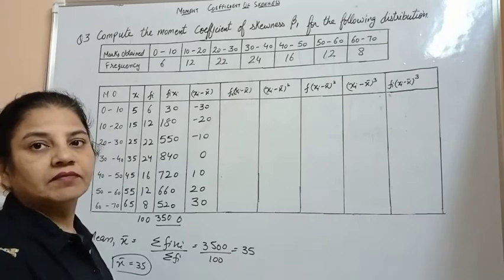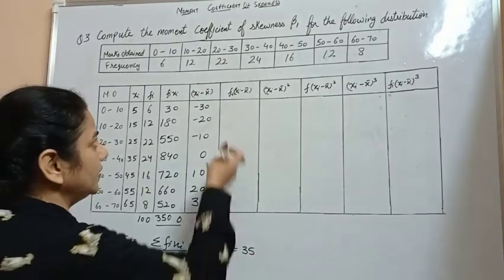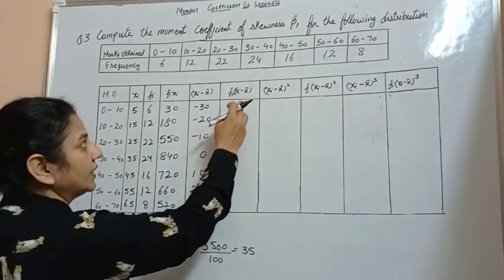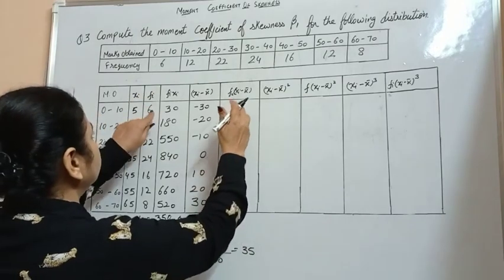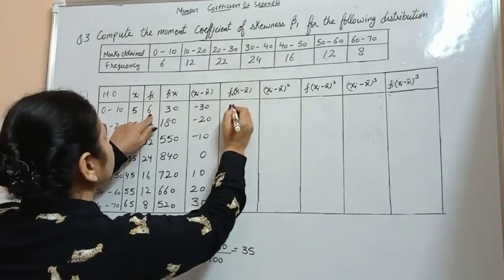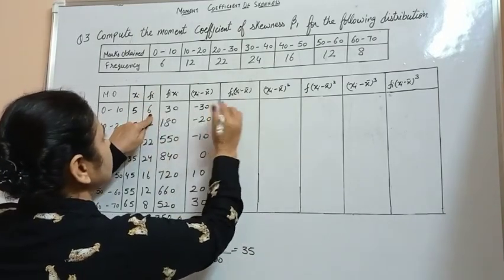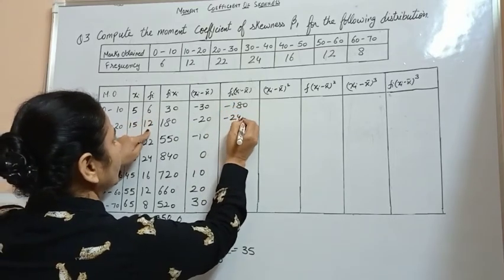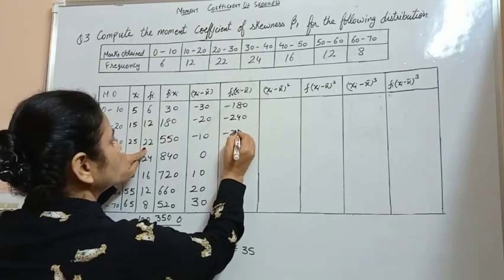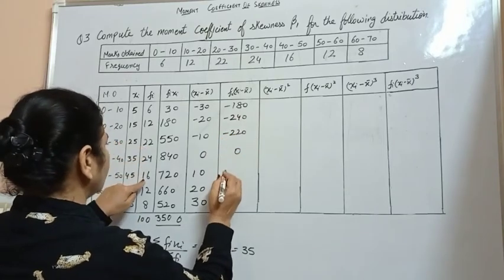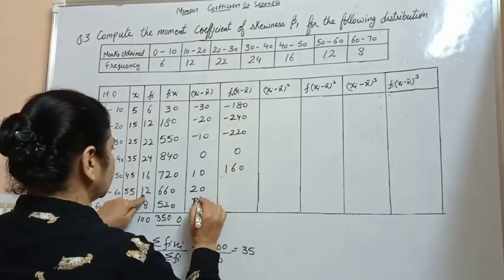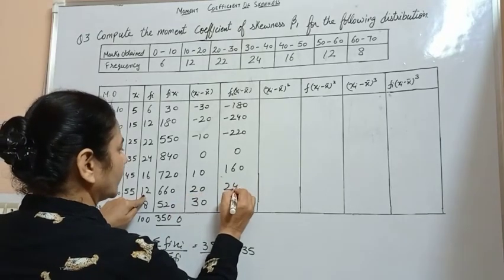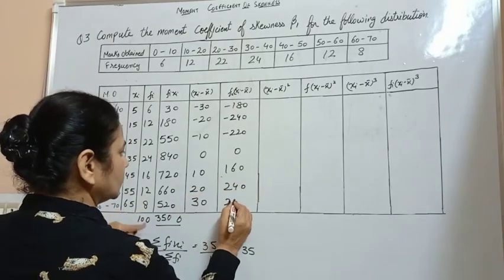To calculate our first central moment, I need the sum of Fi times xi minus mean. So you multiply: 6 into minus 30 is minus 180, then minus 240, minus 220, 0, 160, and 12 into 20 is 240.